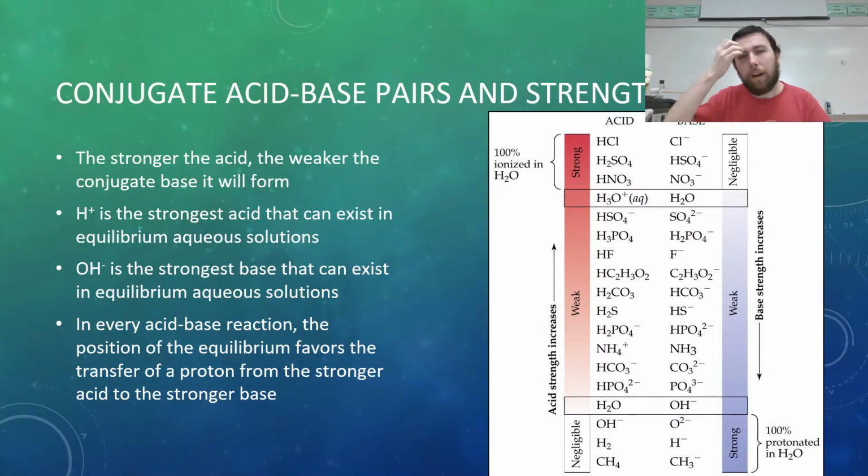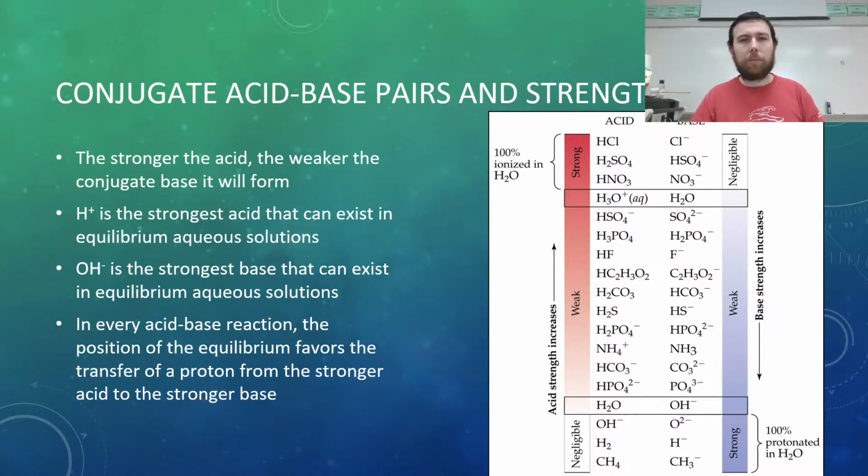So hopefully that makes sense. I'll just say that again. It's always going to favor the stronger acid transferring a proton so that it can form the stronger base, right? It's never going to work in a situation where the weaker acid transfers its proton to something to make a base. I hope that makes sense.